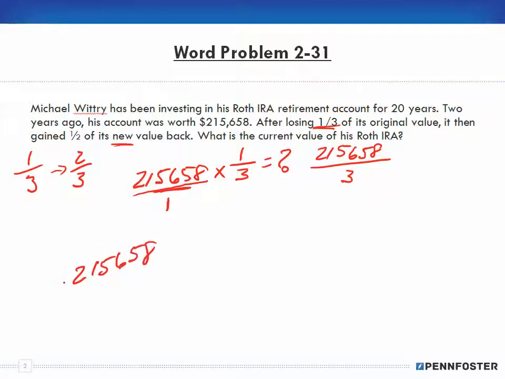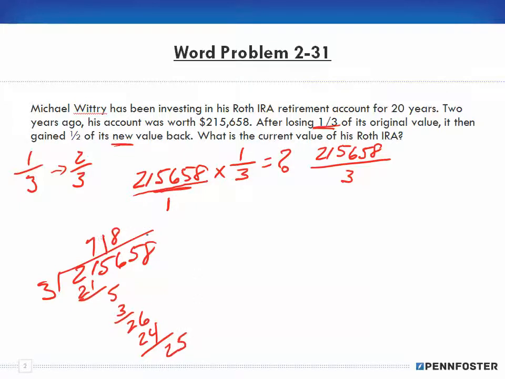So 3 into 21 goes 7 times. That's 21. I'll bring down my 5. 3 into 5 goes once. That's 3. I have 2 remaining, bring down my 6. 3 into 26 is 8. That's 24. 2 remaining, bring down my 5. 3 into 25 is 8. That's 24. 1 remaining, bring down my 8. And 3 into 18 goes 6 times evenly.